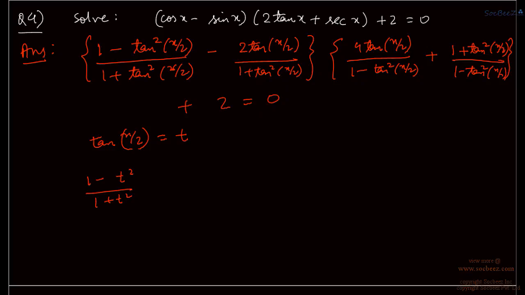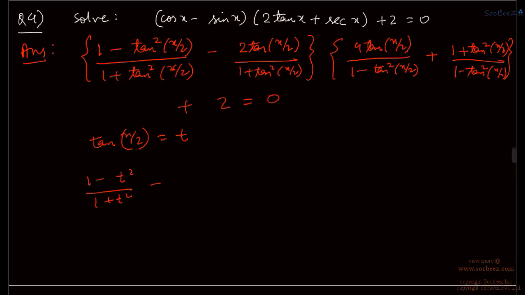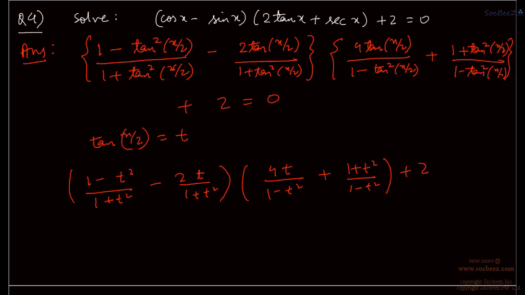Rewriting in terms of that, we get (1 minus t squared) over (1 plus t squared), minus 2t over (1 plus t squared), times 4t over (1 minus t squared) plus (1 plus t squared) over (1 minus t squared), plus 2 equal to 0. So let's multiply the whole thing by (1 plus t squared) into (1 minus t squared).